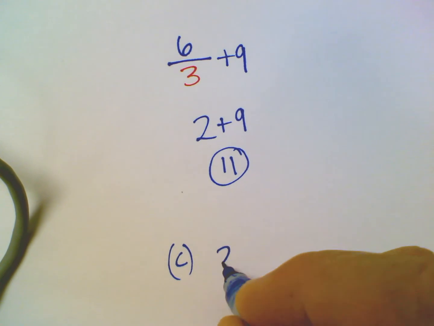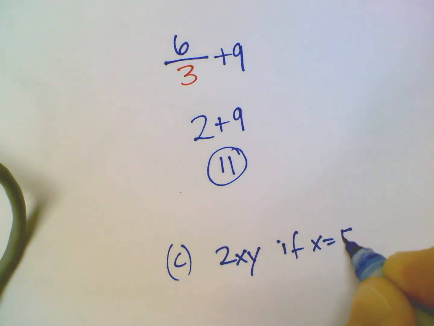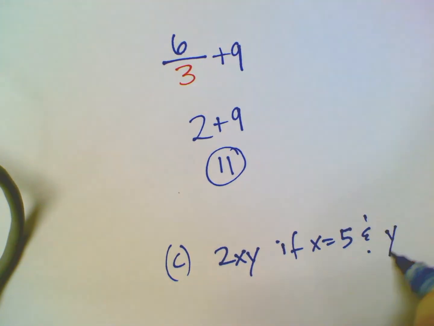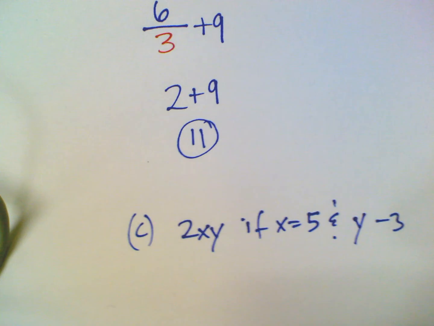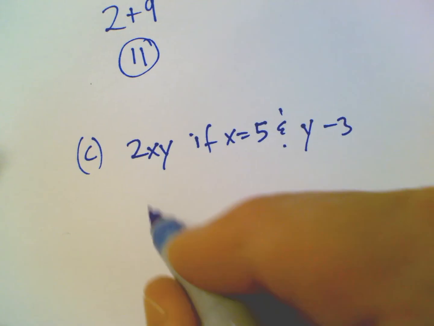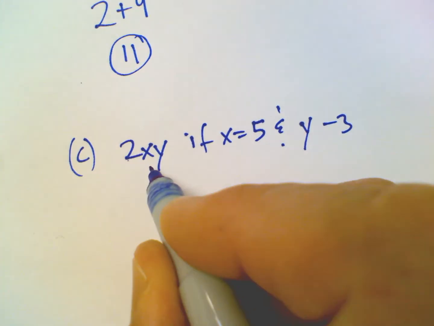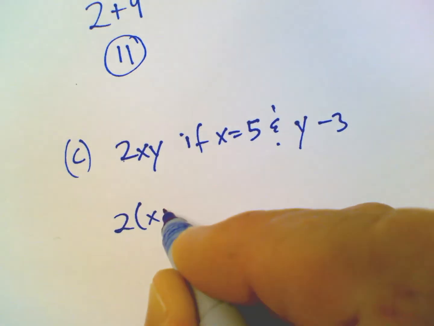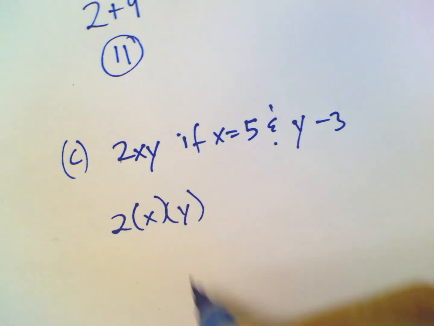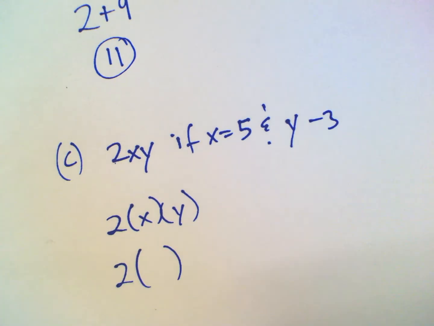C is 2xy if x is equal to 5 and y is equal to -3. So again, what am I looking at? I'm looking at this expression here, 2xy. What does that mean? It means 2 times x times y. So 2 times what?